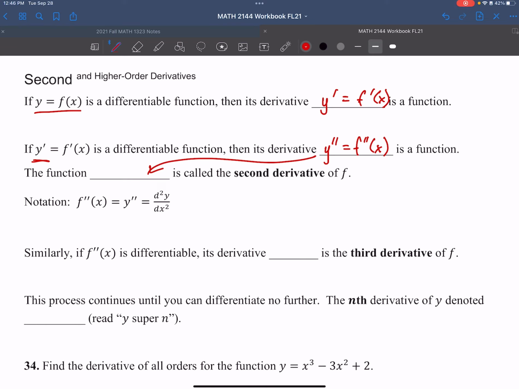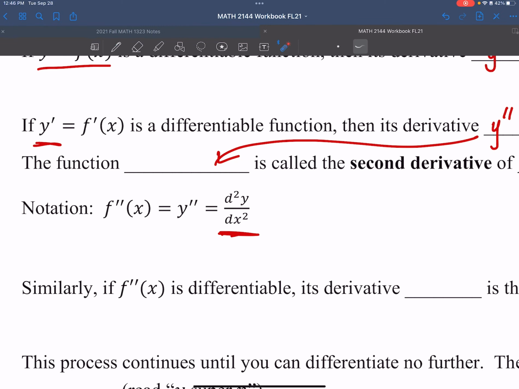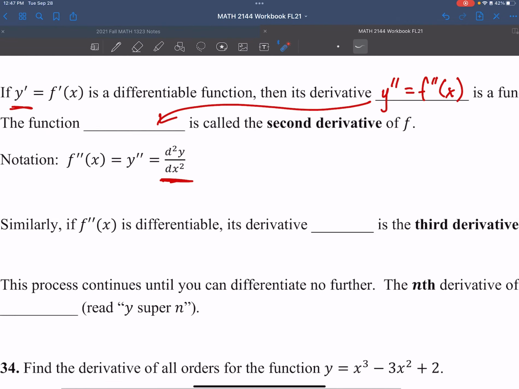Very tricky naming convention here, right? The notation may also be this one right here, the second derivative with respect to x. This will make more sense in the next lesson where we talk about it in terms of velocity and acceleration, basically in motion.